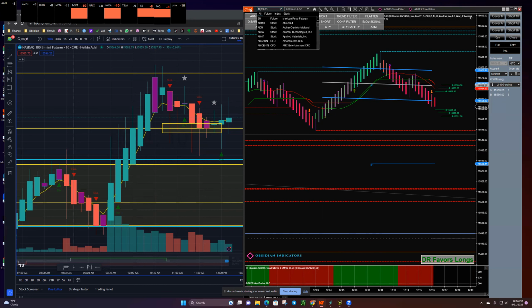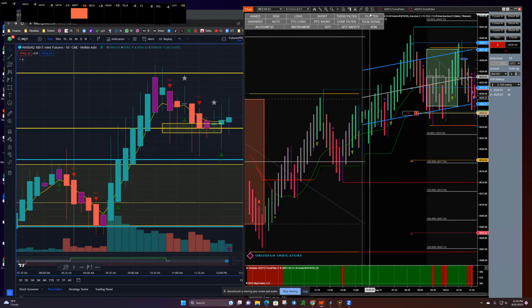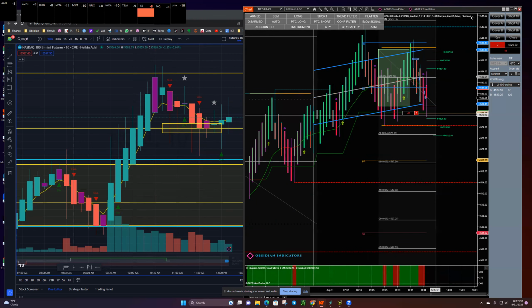Let's go back to MES and see if we're in positive territory now. Now we're only 11 ticks away. So here's your dynamic range, and since then, this is the second time that it's trying to break below and turn bearish.